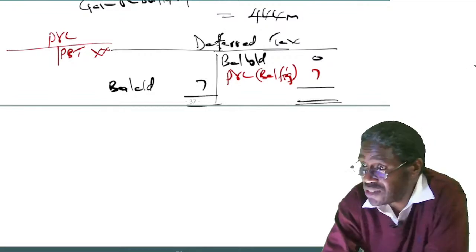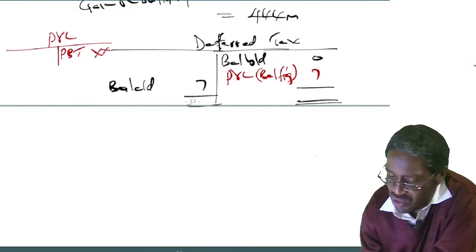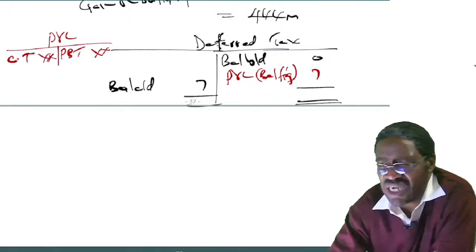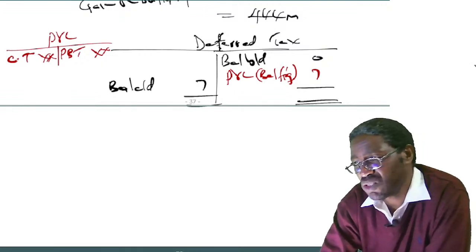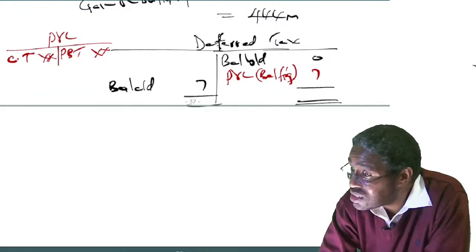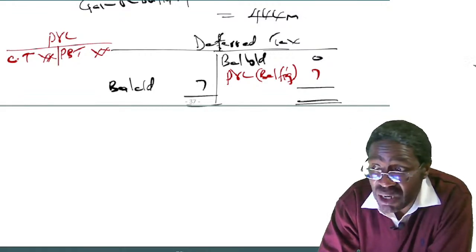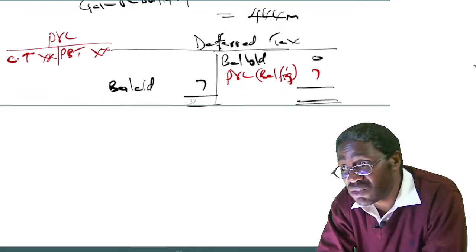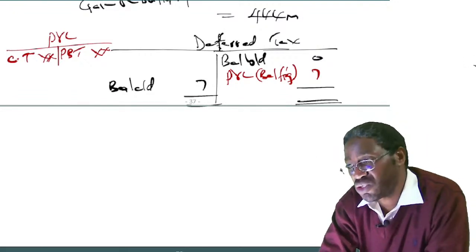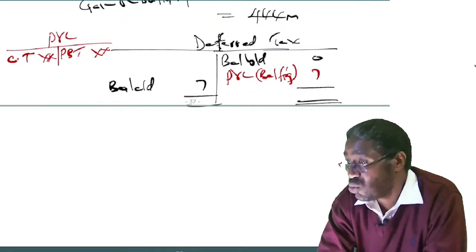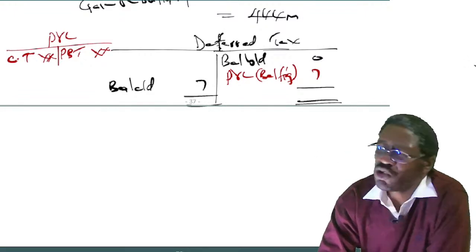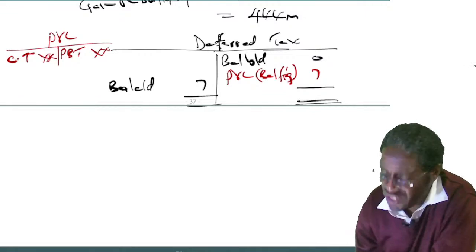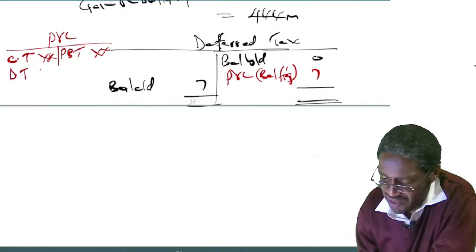So that one is always debited in the P&L account, there is no question about it. It is the deferred tax that can either be debited or credited in the P&L account, depending on the question. Like for example, in this question, I have credited deferred tax by 7, which automatically means I am going to debit the P&L account by 7.